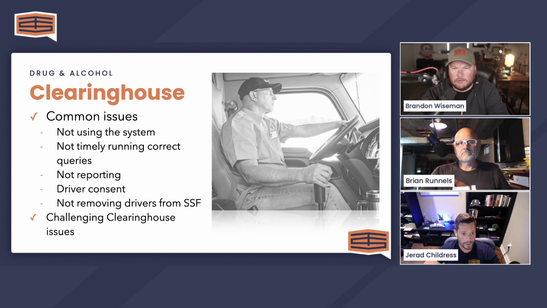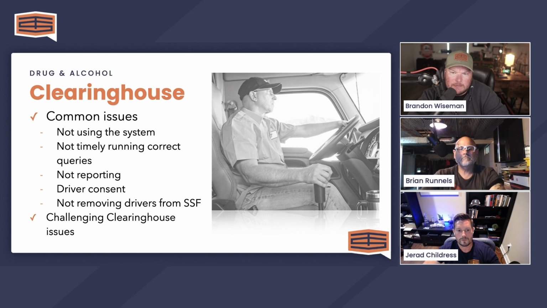We also see it pretty regularly. You may have mentioned this, Jared, and I may have missed it, but we see this come up quite frequently, particularly with sophisticated carriers that operate through multiple DOT numbers, where sometimes they will try to avoid having to set up so many different clearinghouse accounts by running all of their queries through one carrier's clearinghouse account, even though they may have drivers that are operating for one of their affiliates.